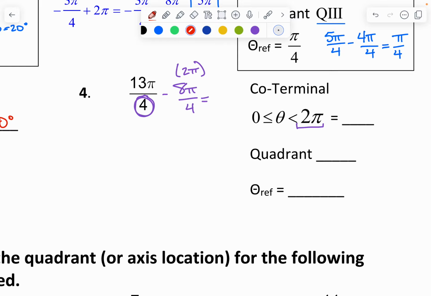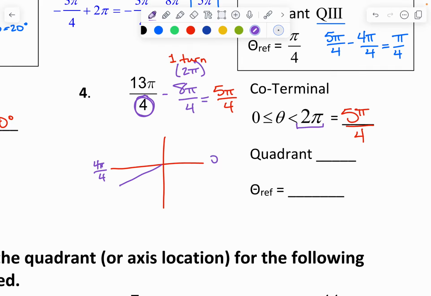That's still just 1 turn or 1 circle. Once I take away that 8 pi over 4, it leaves me with 5 pi over 4. So that's my coterminal angle. And 5 pi over 4, if this is 0 and this is 4 pi over 4, is going to be down here in quadrant 3.